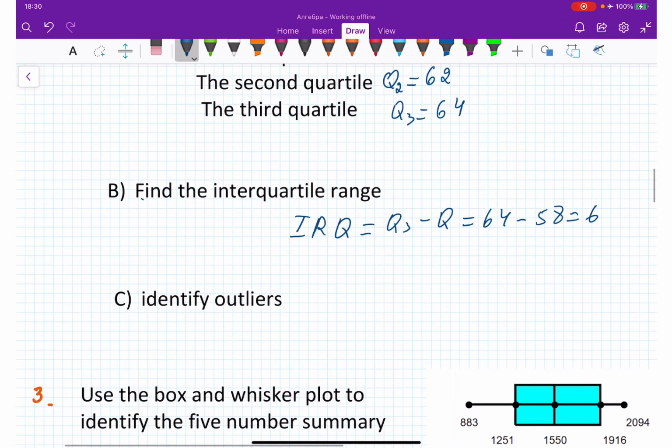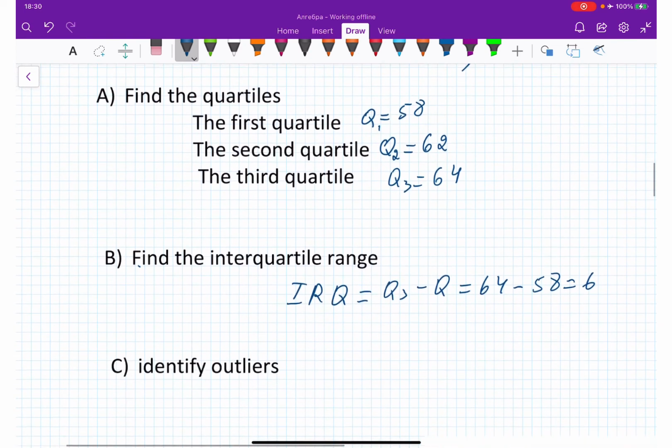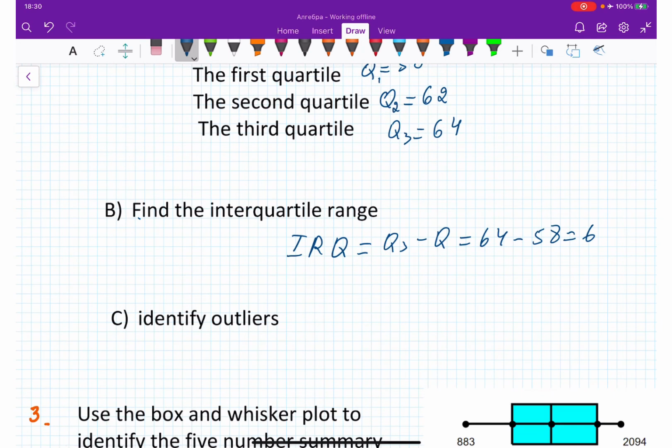What is going to be the outlier looking at the data? Remember what an outlier is? The one that is spread far away. So I'm looking at 54, 55, 59, 61. They are close to each other, maximum difference by 2. And all of a sudden 78, where the difference comes to 13. So 78 is going to be a possible outlier. Okay?